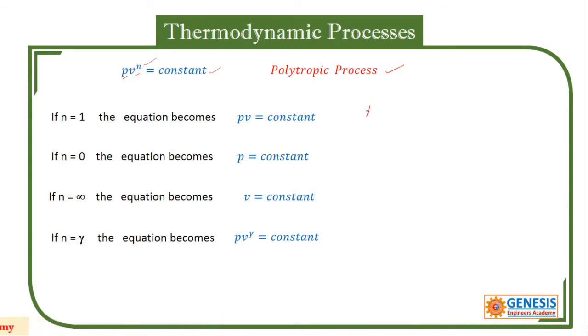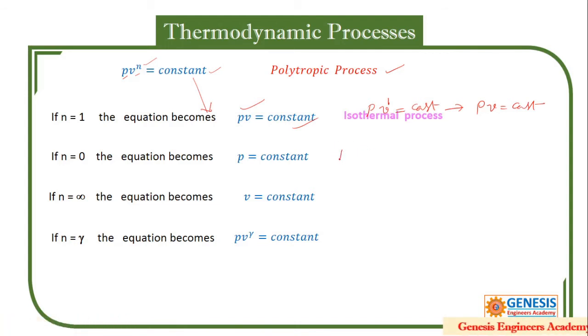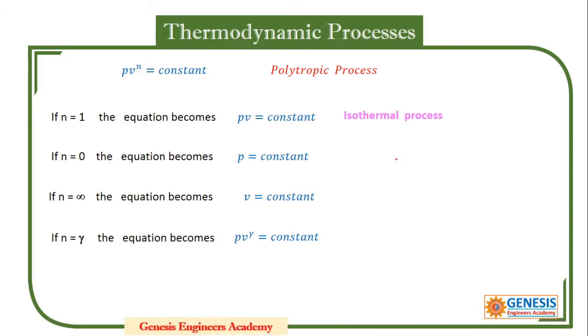If in this case P v to the power of 1 is equal to constant, then this becomes P v is equal to constant. Okay, from the polytropic I am able to get this process, that is the isothermal process. Next, in this equation P v to the power of 0 is equal to constant, anything to the power of 0 is 1, then it becomes P is equal to constant. Okay, so this is the isobaric process.